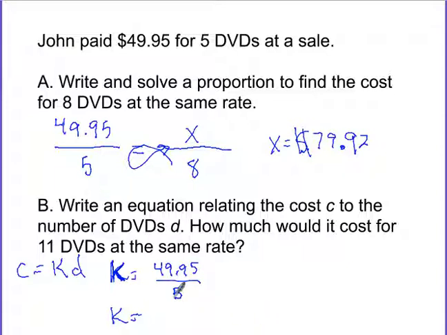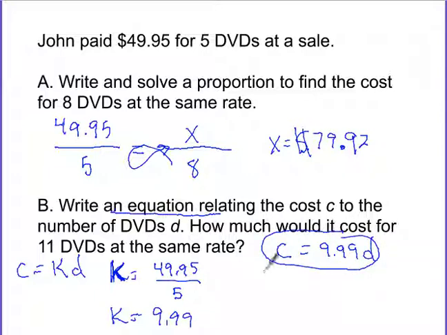So that's 9.99. $9.99 per DVD is what he's paying. So now, in this equation, C equals K times D, I would just replace the K. C equals $9.99 times D. That is the equation. I've done this part. Okay, now how much would it cost for 11 DVDs at the same rate? So cost equals $9.99 times 11.